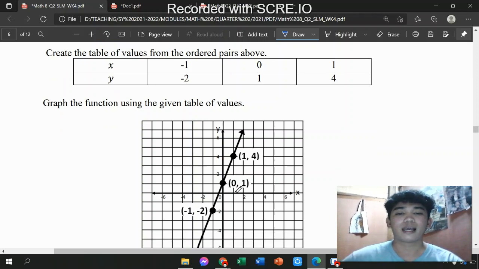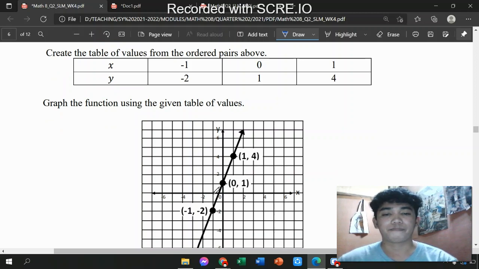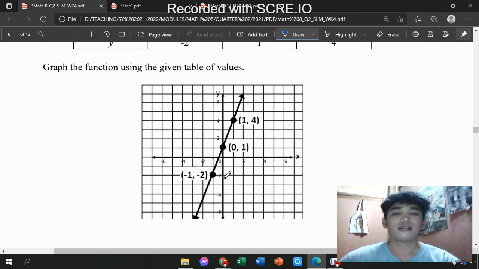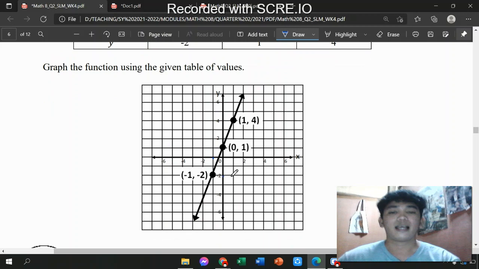X is -1. So naari sa left kani. Then ang y is -2. So naa sa ubos kani. Then asa man sila mag-meet? Ani nga point. So that is our first point, -1 and -2.